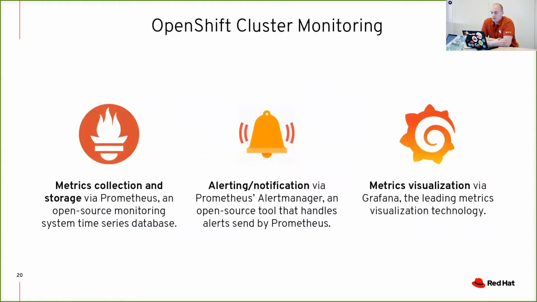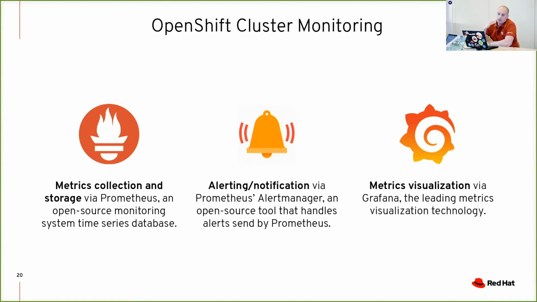Okay, so maybe another topic, like how do I monitor metrics and logs in OpenShift? Yeah, so in OpenShift, by default, you have built-in cluster monitoring, which is based on Prometheus, Alertmanager, and Grafana. So when you install your OpenShift cluster, you have out-of-the-box, fully configured monitoring for your cluster.